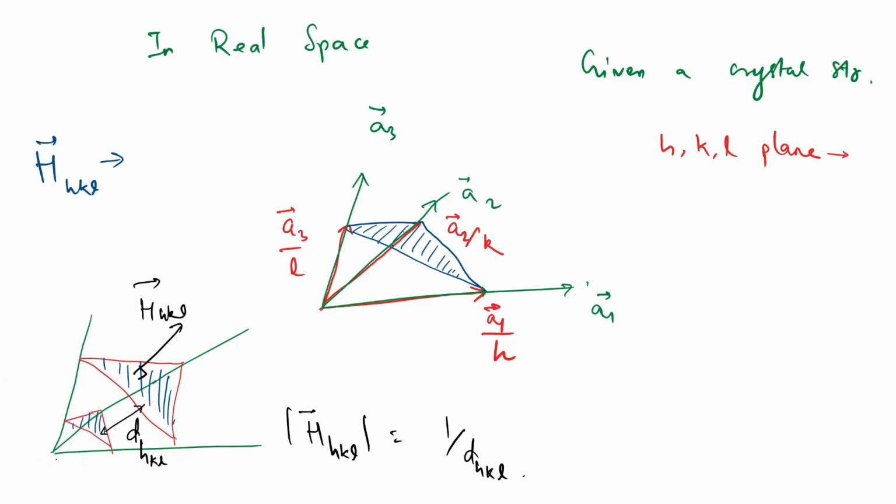Your dhkl will be from this origin to this, and from here to the next plane that will also be dhkl. So from the origin to this first plane, if you can prove it is dhkl, then it is going to be the same for all other planes.